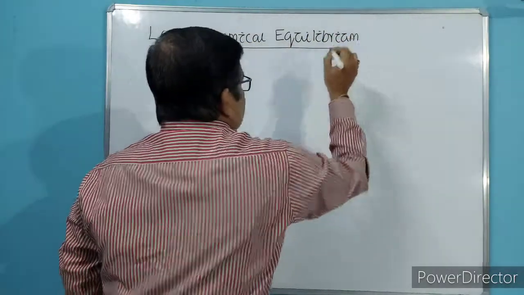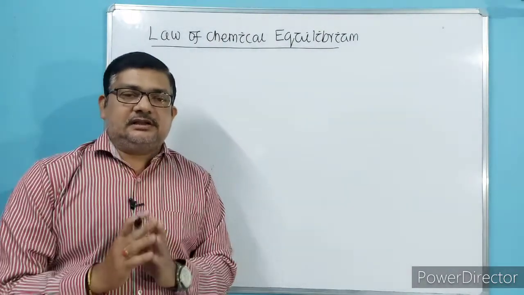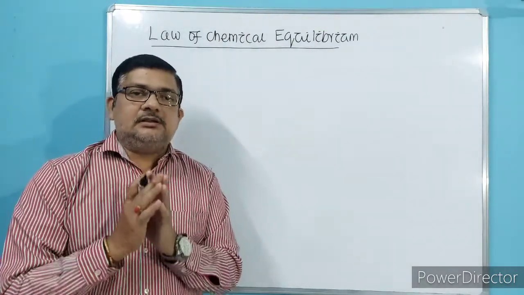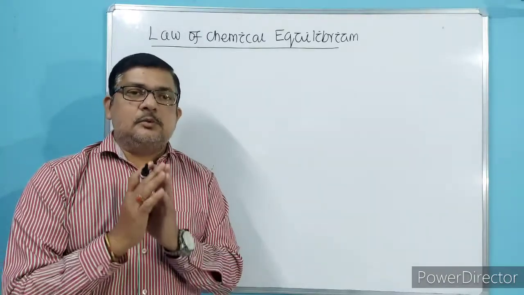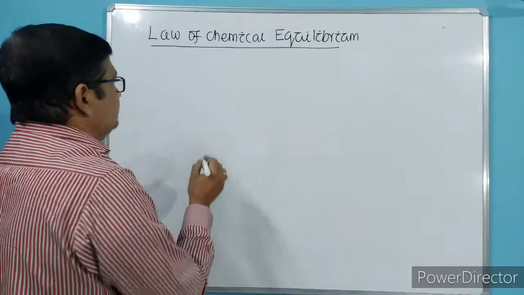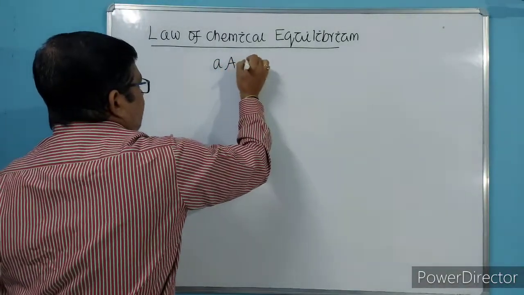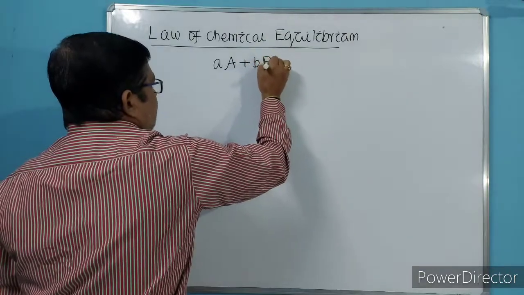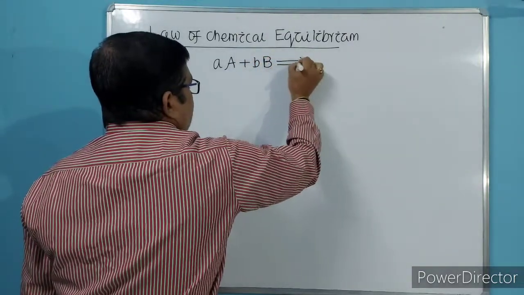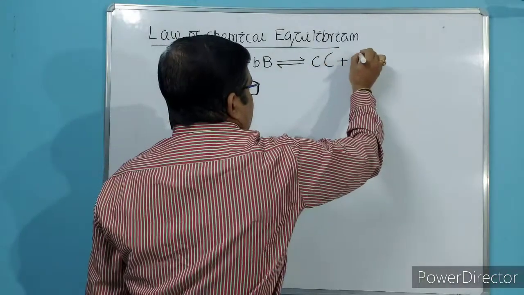We have already discussed the law of mass action, which tells us that the rate of a chemical reaction depends on the active mass of the reactant, or molar concentration of the reactant. That is law of mass action. Suppose we take a hypothetical equation aA + bB gives rise to cC + dD.